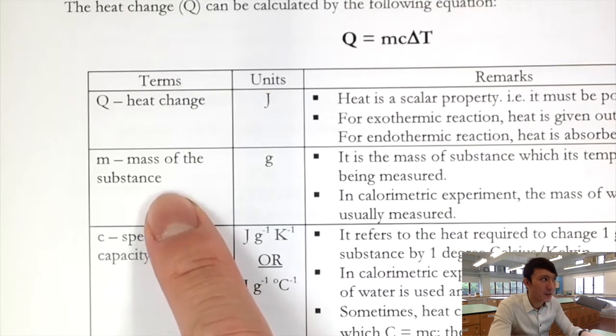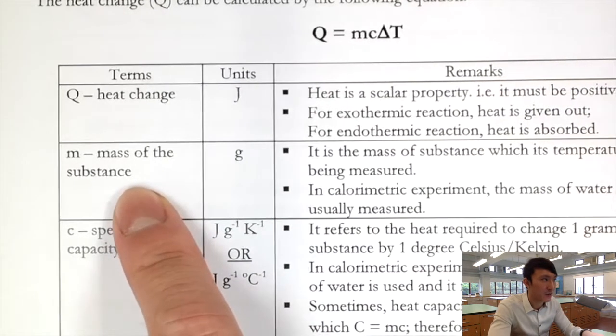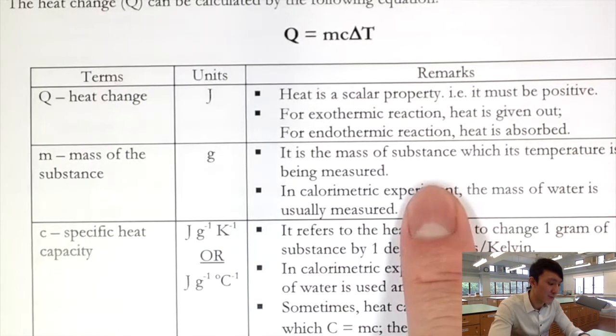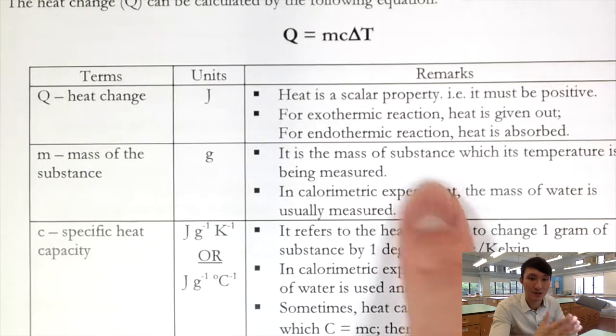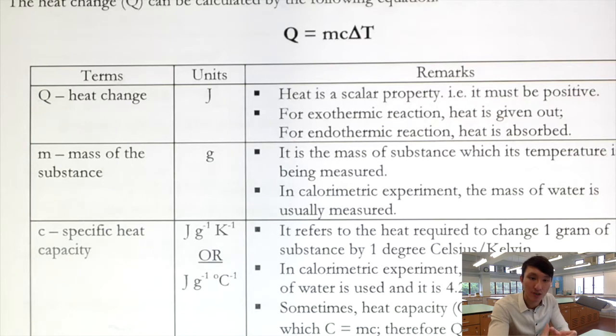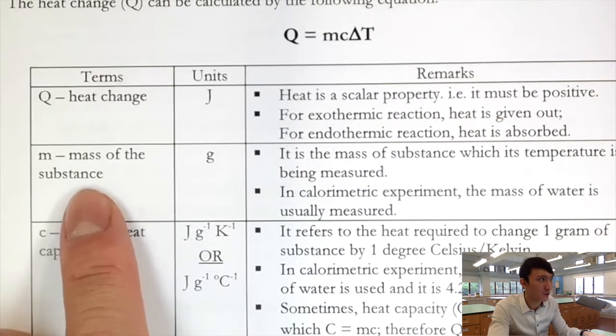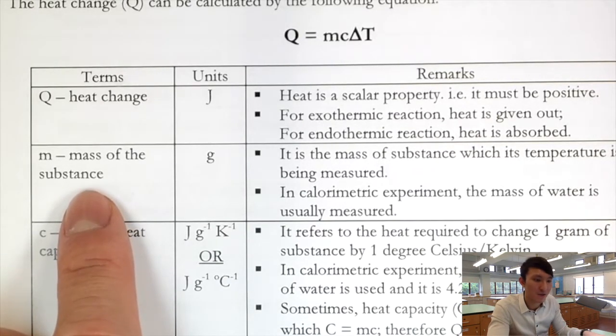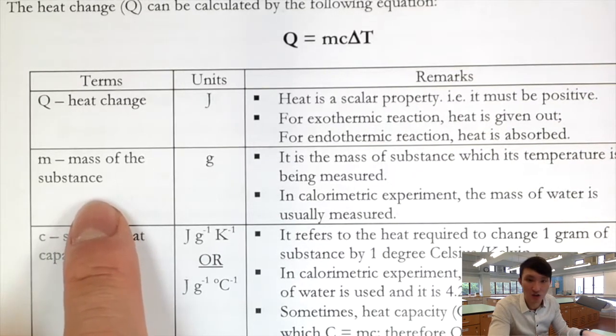Now for mass here, pay extra attention: first of all, we use gram instead of kilogram. And secondly, and most importantly, the mass is referring to the substance where we measure its temperature. In our calorimetric experiment, usually it is water. So very often, students will take the mass of the reactants rather than the water because they may feel like, oh, I'm determining the enthalpy change of this reactant.